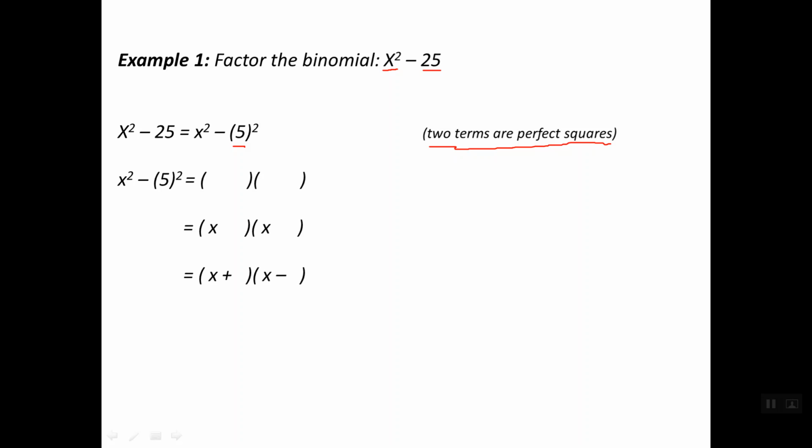Then we have two signs. The first is plus and the other is minus. And we put the second term, which is the 5. So these are the factors for the binomial x squared minus 25.